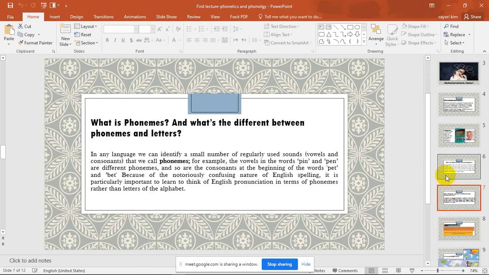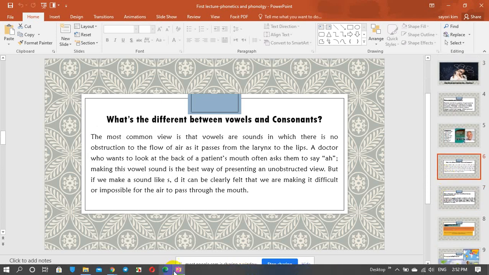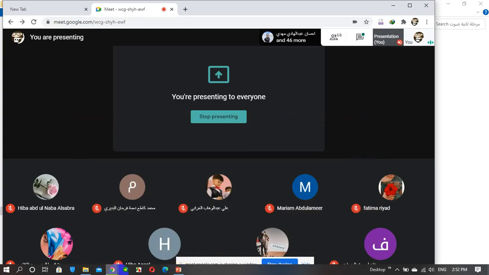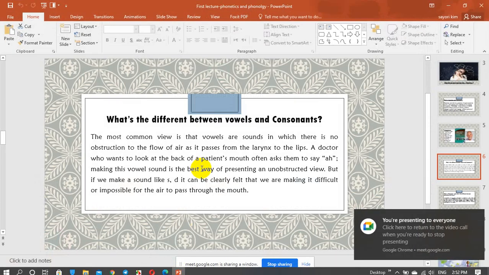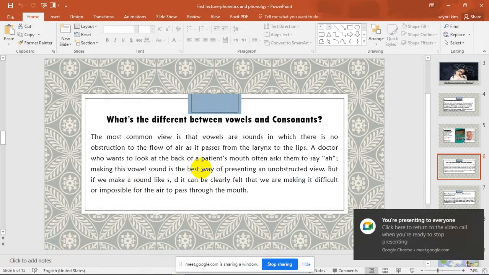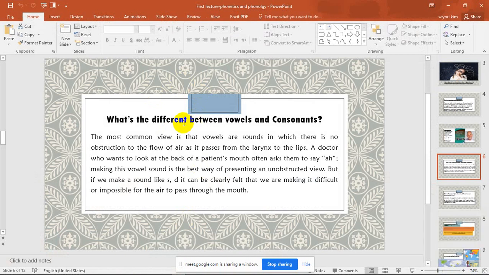So what is the difference between consonants and vowels? This was mentioned in the previous lecture, which is mainly air obstruction. If we have an obstruction to the airflow that is coming up from the lungs, then we have what is called a consonant.